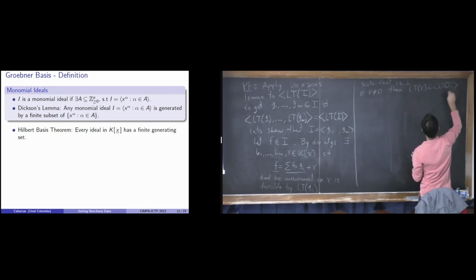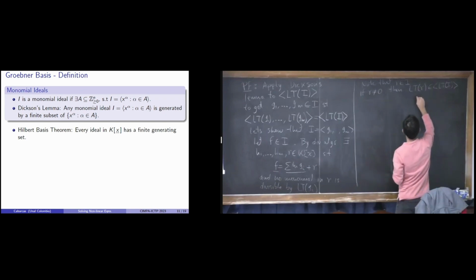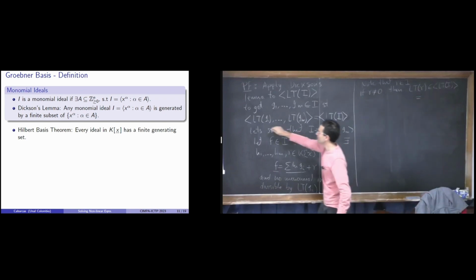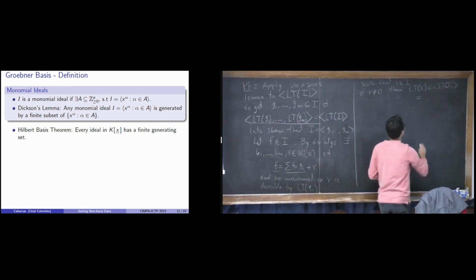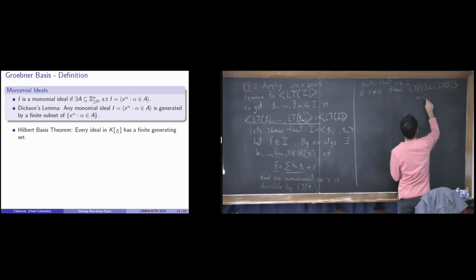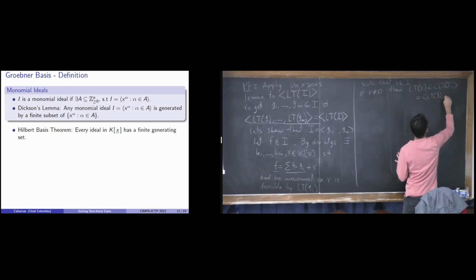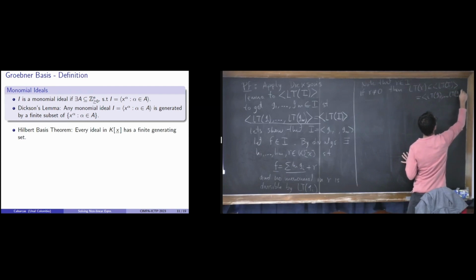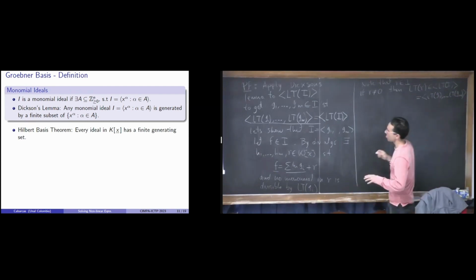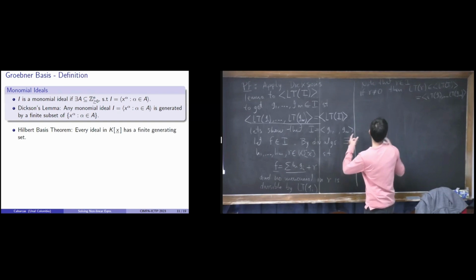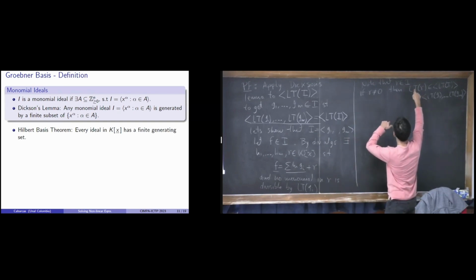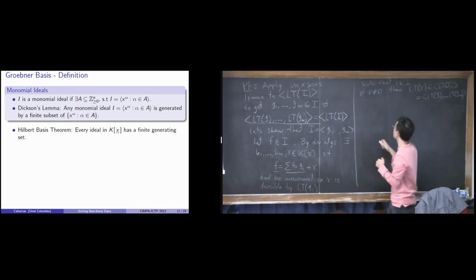But the ideal generated by the leading terms of the ideal is equal to the ideal generated by the leading terms of the GIs. And then it will be divisible by one of those leading terms.